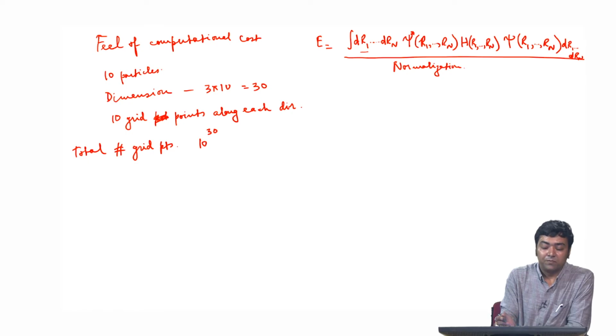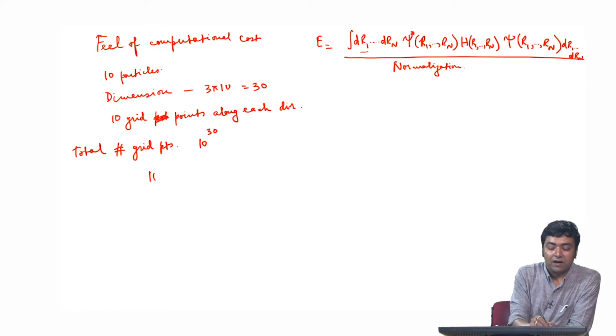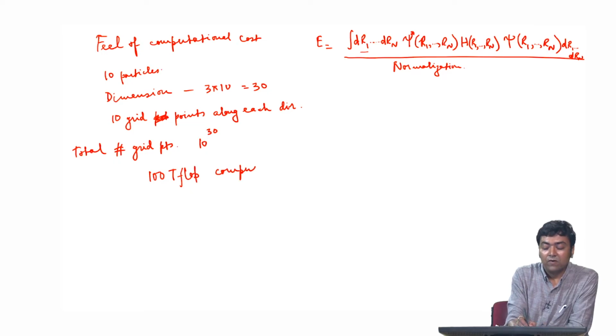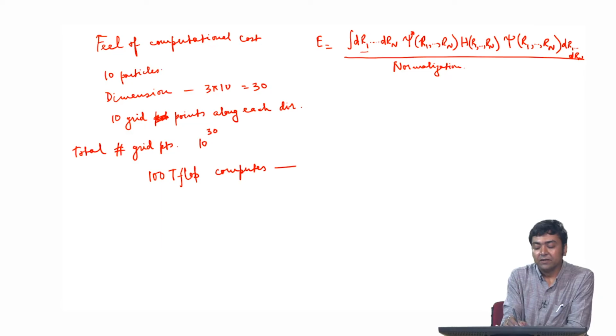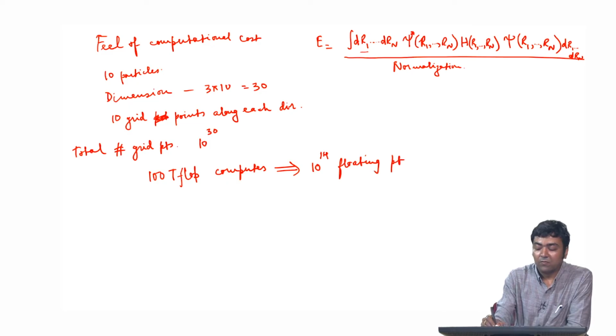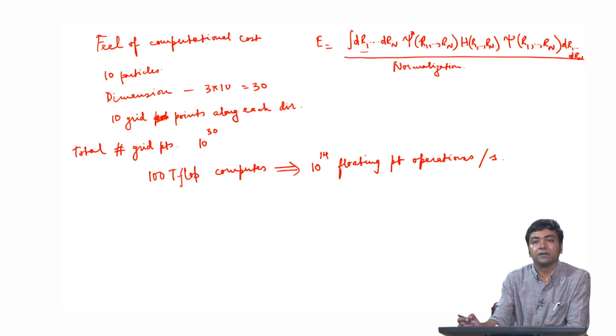Now, let us suppose we have a 100 teraflop computer. What this means is that this computer can perform 10 to the power 14 floating point operations per second.